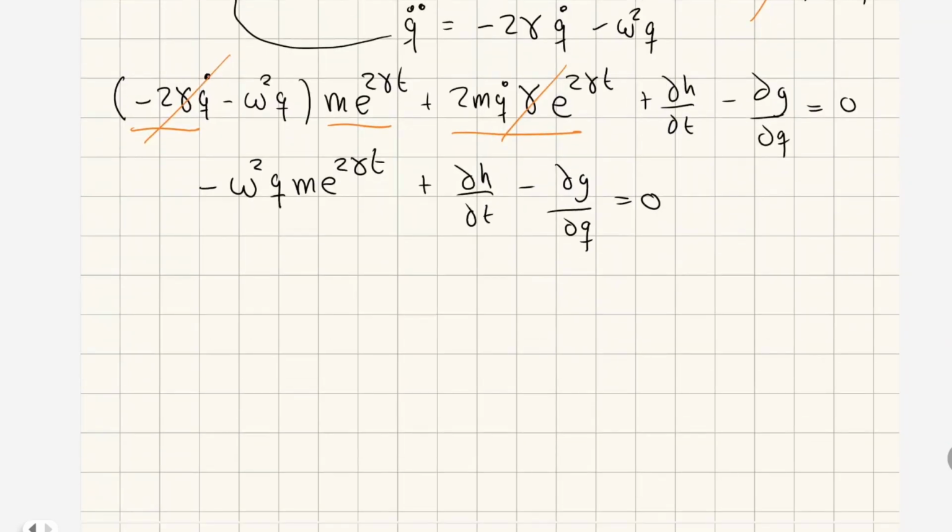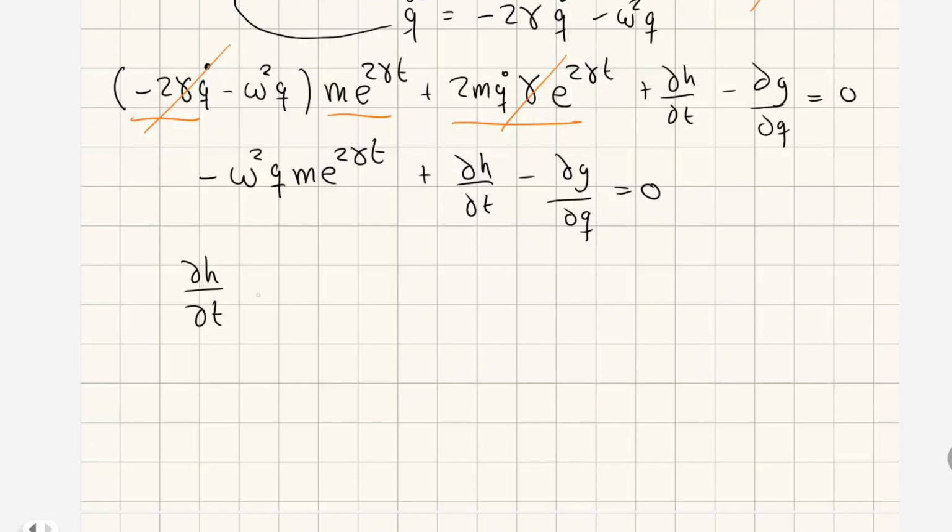And notice that we are going to use a trick here. We are going to say that the partial of h with respect to t, then minus the partial with respect to q of g, and then plus omega squared q squared over 2m e to the 2 gamma t will be equal to 0.